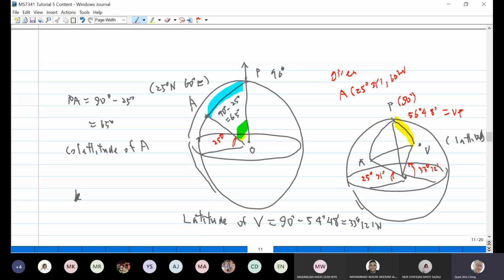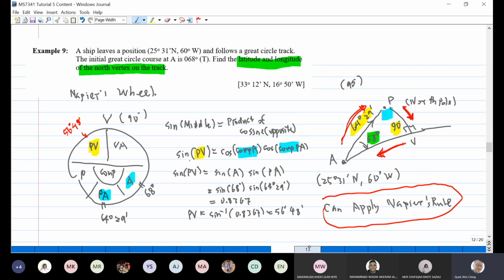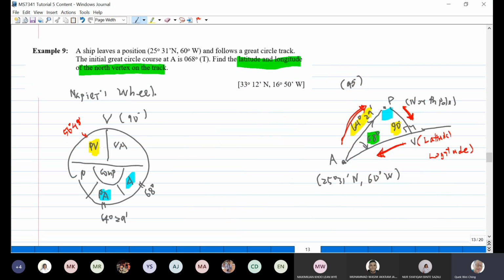Go from the equator, then you get the point V. That means if you go up from the equator in the direction 33 degrees 12 minutes, this is how you get the latitude of V. So I can do a calculation and write something here. I know PV already, so the latitude of V, latitude of vertex, here.